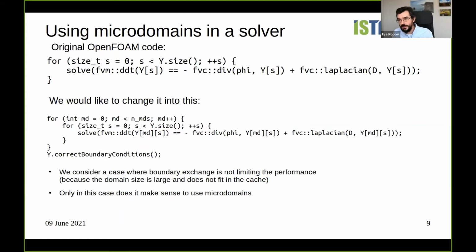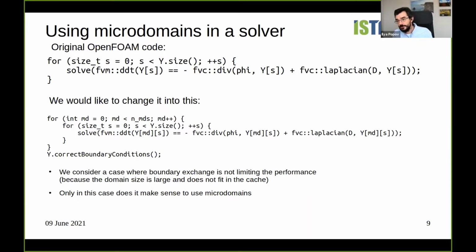Then for each microdomain, for each species, we will solve this equation in the microdomain. This is pseudocode. This is not something you can type in your code and compile, but it provides an indication of how we would like it to look.